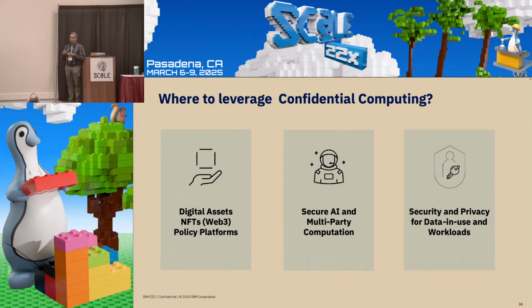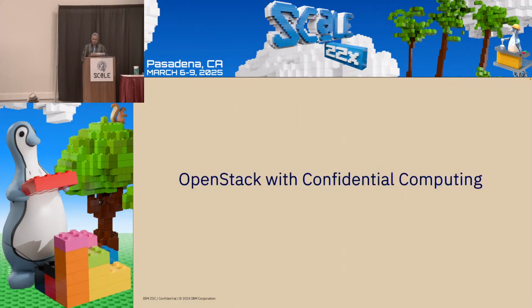That way there is no manipulation of the data at the time of consumption by the model itself, or at the time of inference through the model. The same way, security and privacy for data in use workloads, wherever special privileged data needs to be taken care of. So these are some of the use cases where we can leverage confidential computing.